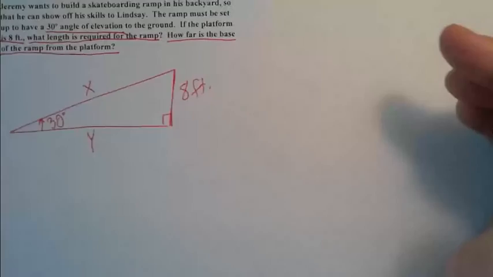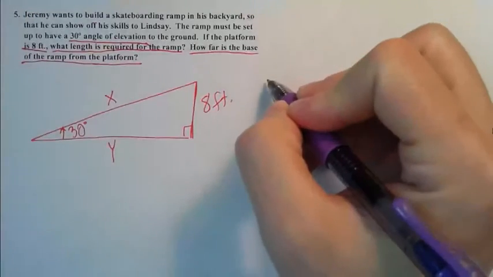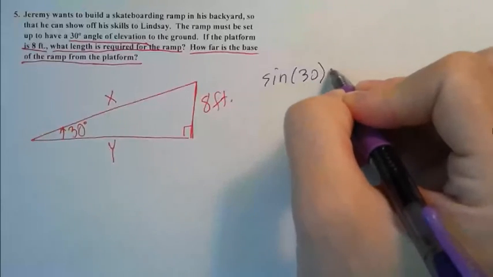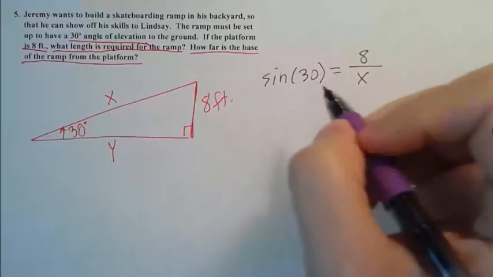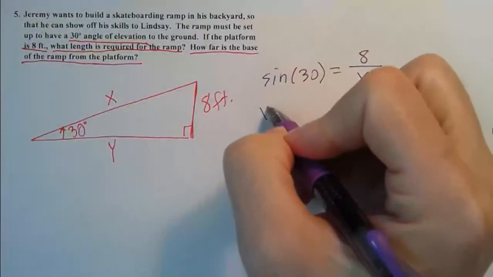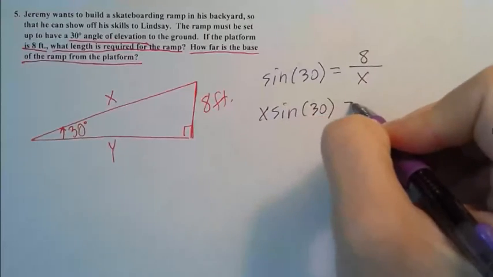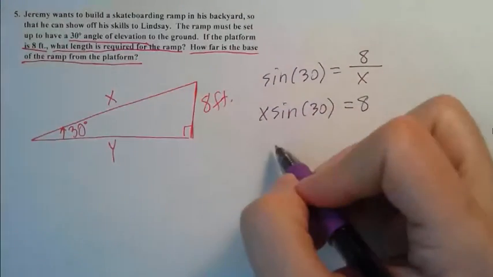So first, we're going to look for x. So x would be using the sine of 30 degrees being equal to 8 over x. So we would multiply by x on both sides. That would give us x times sine of 30 equal to 8. And then you would divide by sine of 30 on both sides.